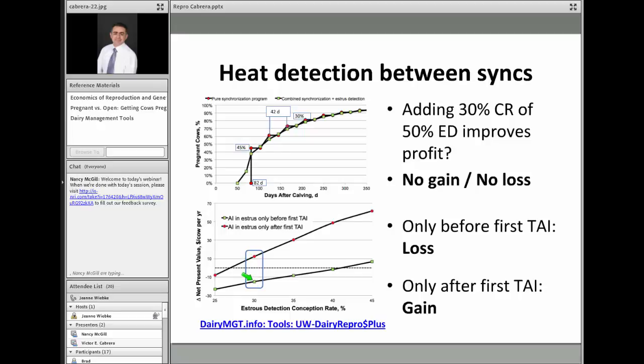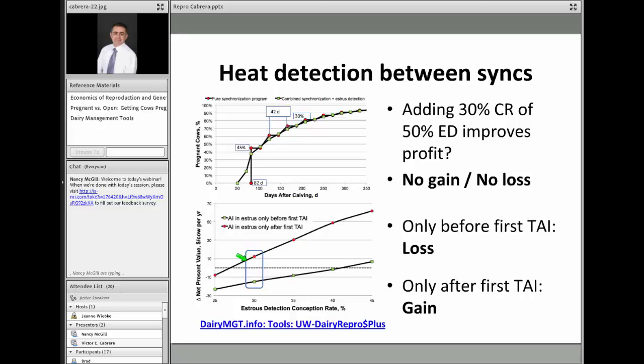Also important to understand, and the tool handles this very nicely, is that the cows bred to heat detection will not be available for the first time AI. So we lose that opportunity of 45% conception rate until the next synchronization, which would only have 30% conception rate.